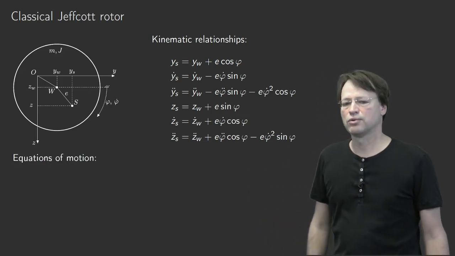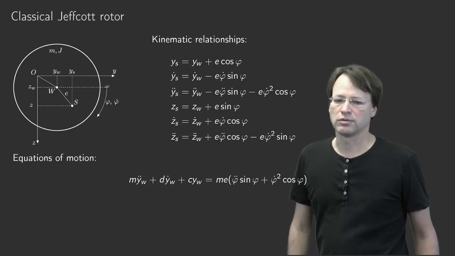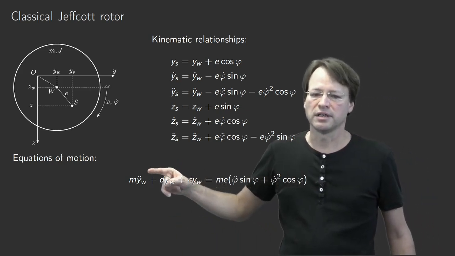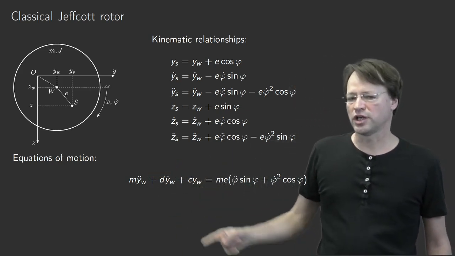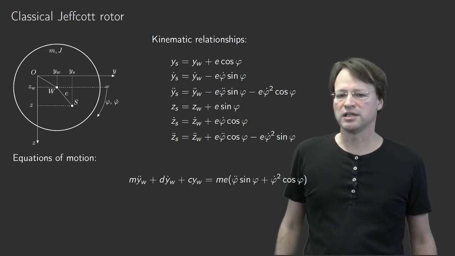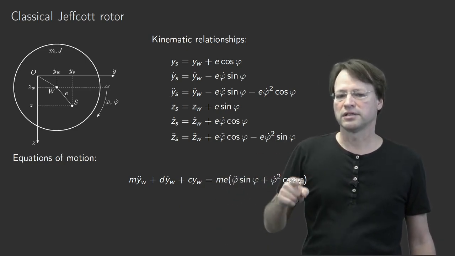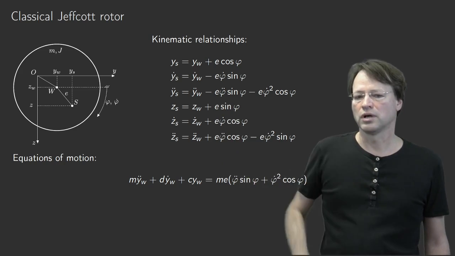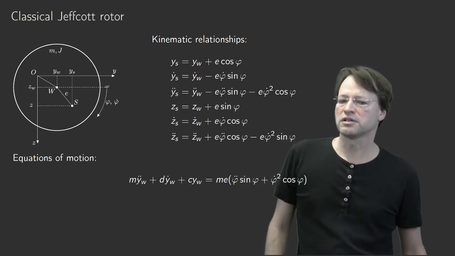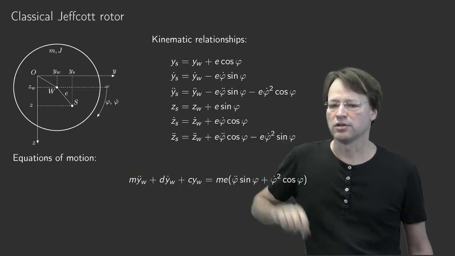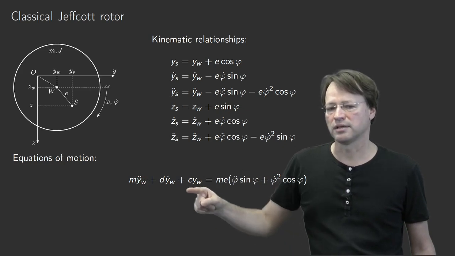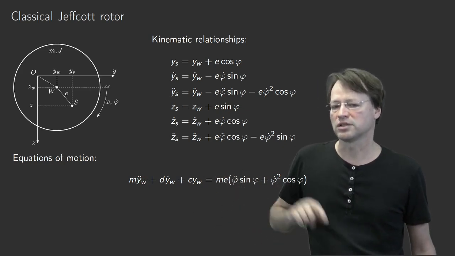So the equations of motion look as follows. You will find here the acceleration term. I've changed the sign, also adapted the sign here. So therefore, on the right hand side, these two terms appear with a positive sign. So you will find the inertia term, the damping term and the stiffness term.